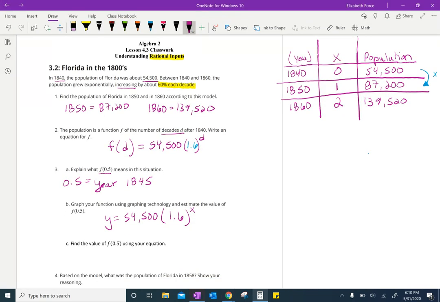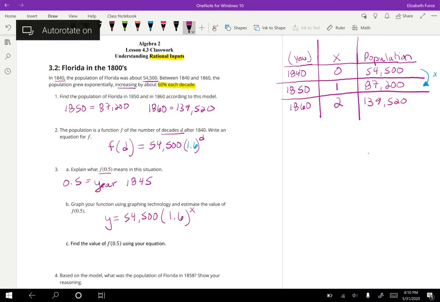So 68,000 maybe? So on our graph, we'll go ahead and say it's estimated to be about, what did we say, 68,000? That can't be right. We're starting at 54,000. Oh yeah, that does make sense because that's just slightly bigger than that. That's probably right there between 54 and 87. That does make sense. Okay, good.